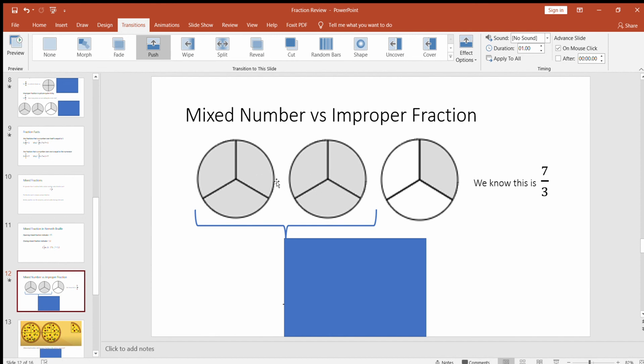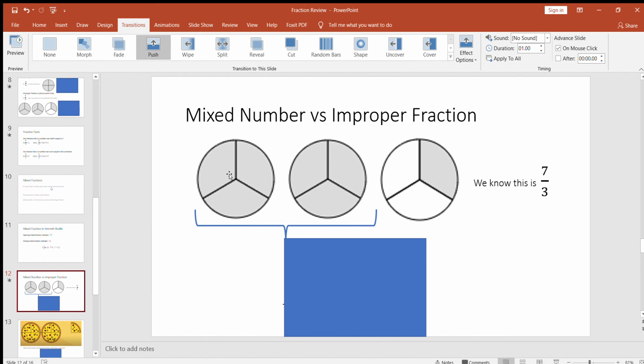We talked about this previously, but what do we get when we slice something and then shade all of it? We get 1. Since we have 2 pizzas that are shaded, we shaded the whole thing. That means we have the value 2. These 2 circles are 2. Now going to the last circle, we shaded 1/3 of the pizza, right?